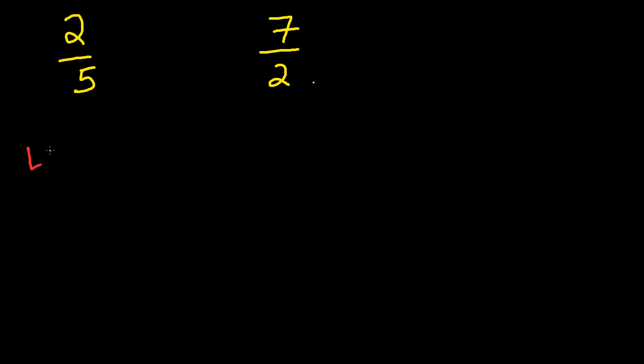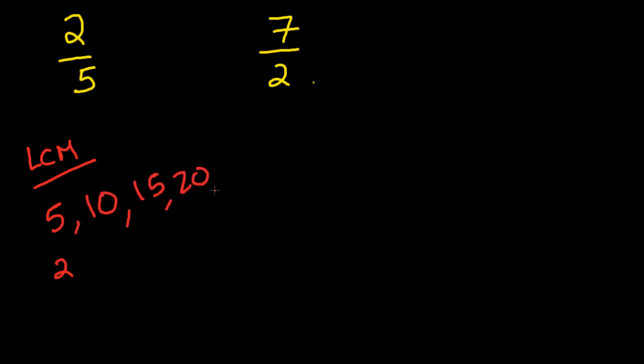So we have to find the lowest common multiple of 5 and 2. Again, we list out all the multiples of 5: 5, 10, 15, 20, 25, and we can keep going. And all the multiples of 2: 2, 4, 6, 8, 10, 12, and we can keep going.